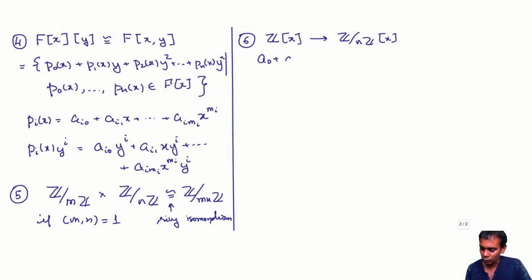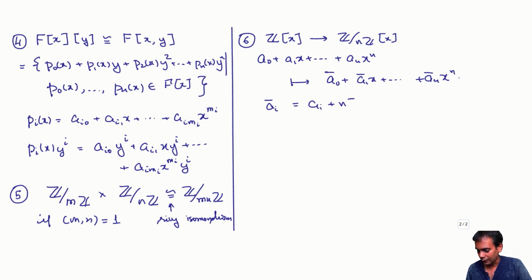So you take a0 plus a1 x plus up to an x to the n goes to a0 bar plus a1 bar x plus up to an bar x to the n, where ai bar is ai plus nZ, the residue class of ai mod n. Okay, so with that we have seen the definition of ring homomorphism, the notion of ring isomorphisms, and we've seen some examples.